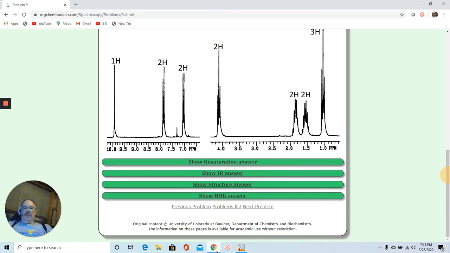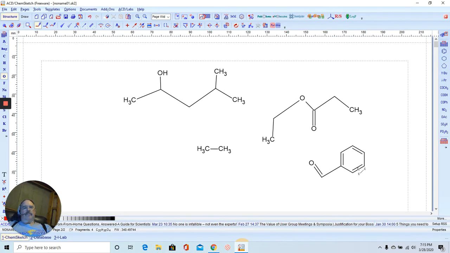So we have a butyl ether group. So on the other side, we have an oxygen and 1, 2, 3, 4. So a butyl ether group.